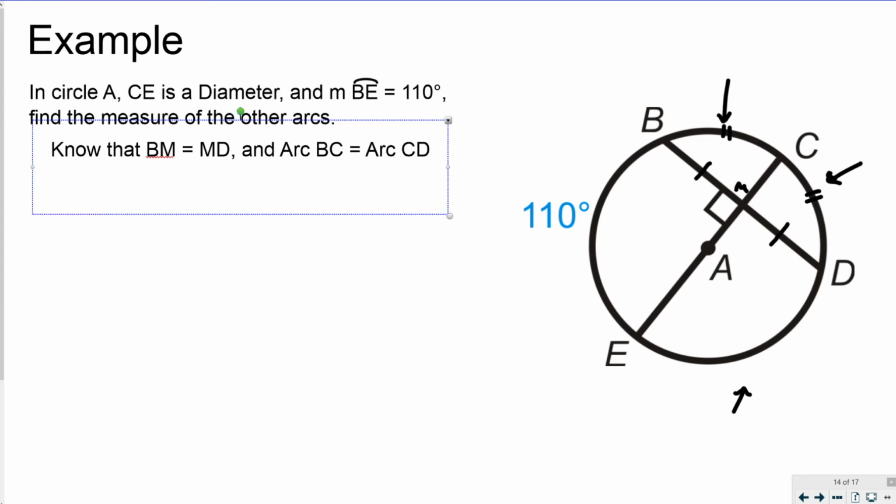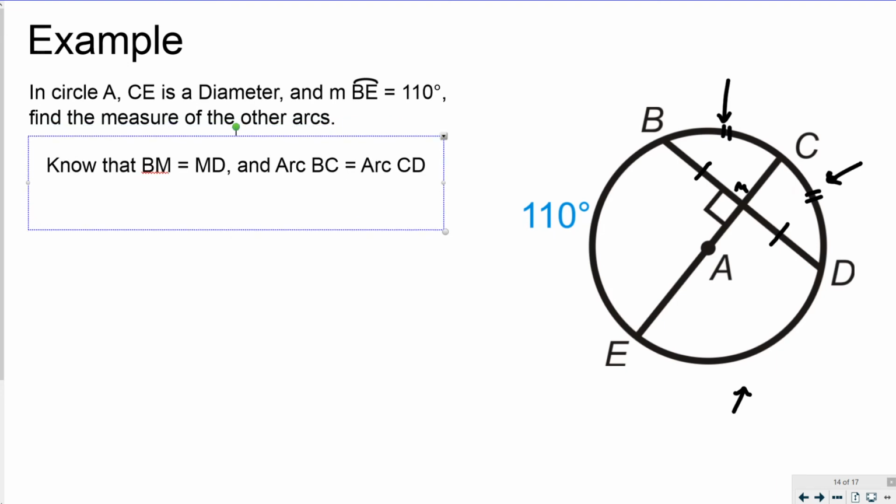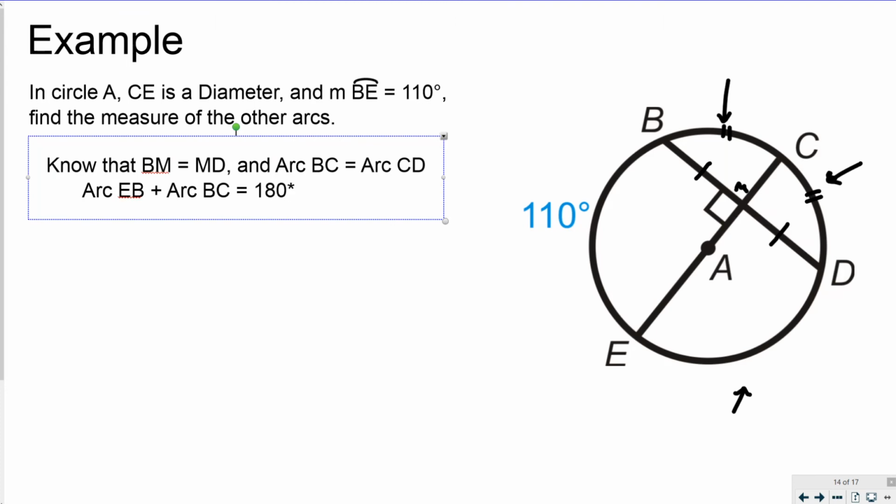And then I also know, because CE is a diameter, that arc EB plus arc BC equals 180 degrees. And then it's the same way around the other way. I also know that arc ED plus arc BC equals 180 degrees as well.